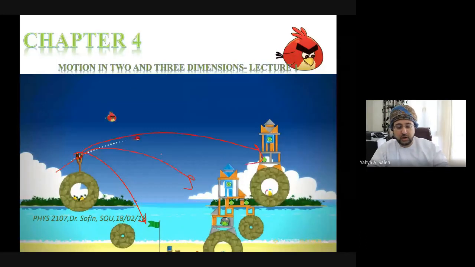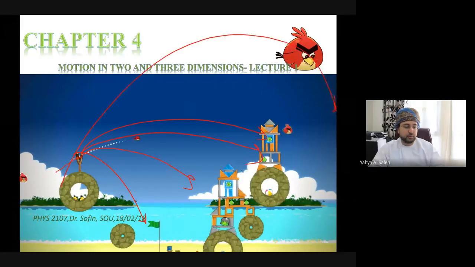Or if you do it too high, then it would go all the way and just be pointless. It wouldn't hit anything. And today, we're going to analyze what calculation goes into this game, or what decides the trajectory of motion.